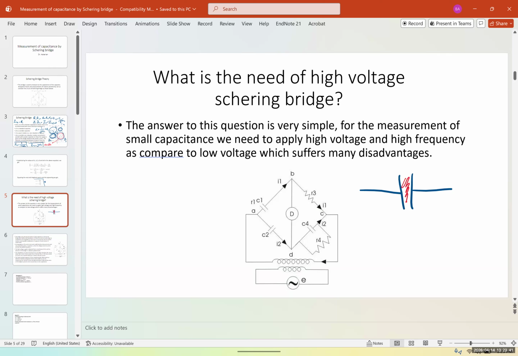And what is the capacitance? If I want to find the capacitance, it's going to be relative to the area A of the plates, and epsilon, which is the permittivity of the insulation between them, over d, which is the distance.